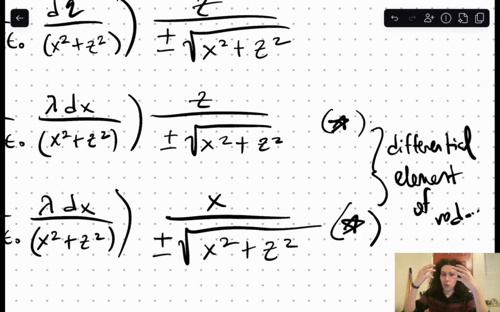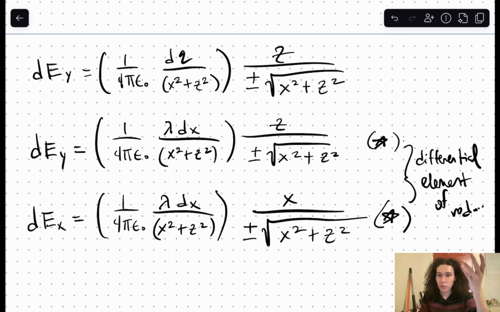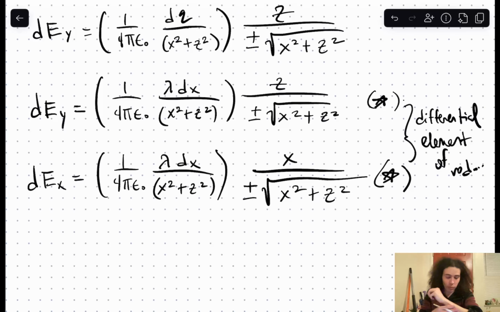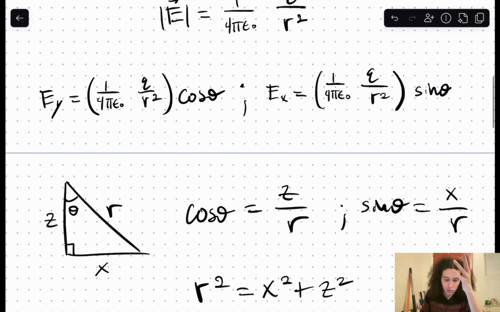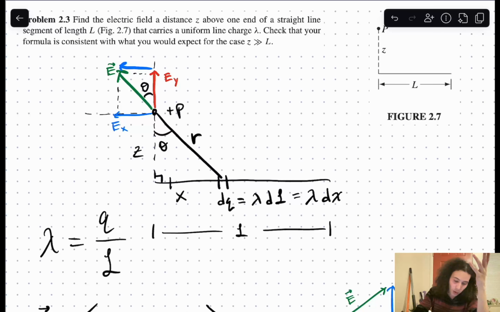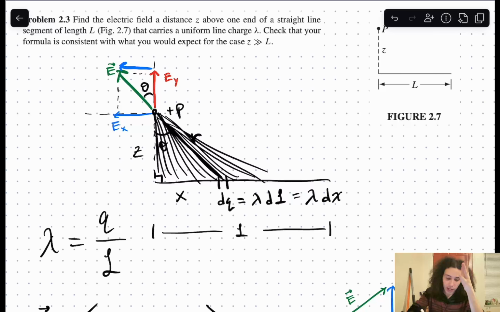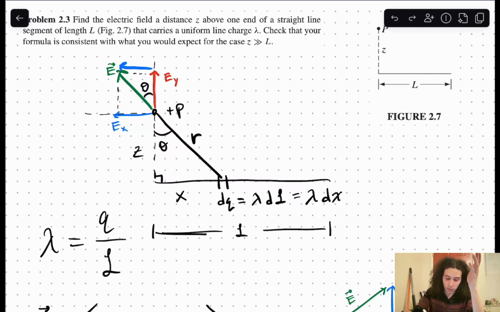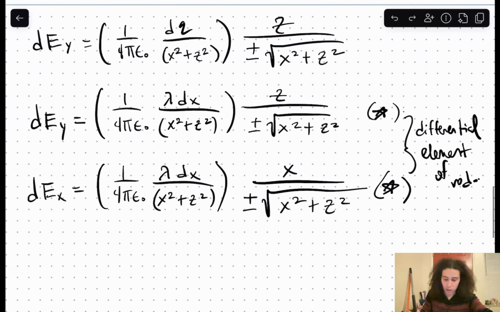These equations now really represent what we're trying to do, which is for a differential element of this rod. And now, this is where the magic happens. We're looking at an infinitely small portion of this rod, and now we're going to sum an infinite amount of times. Imagine this being completely smooth, an infinite amount of times, all the way till we get to L. And this is how this looks.